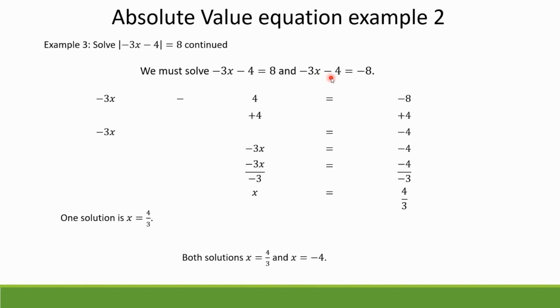So we want to get x all alone, right? Just like before, we can add 4 to both sides, which gives us minus 3x all alone on one side. So minus 3x equals minus 4.